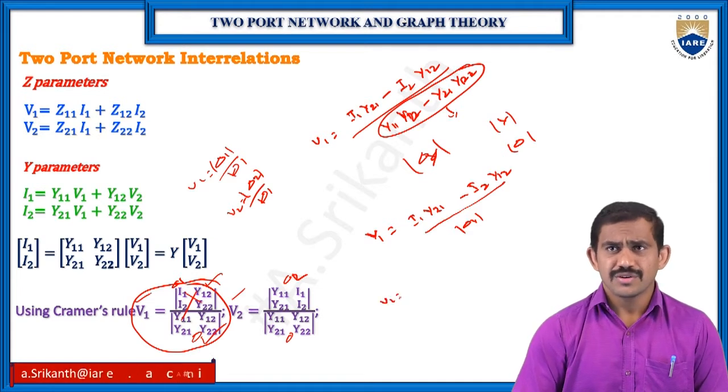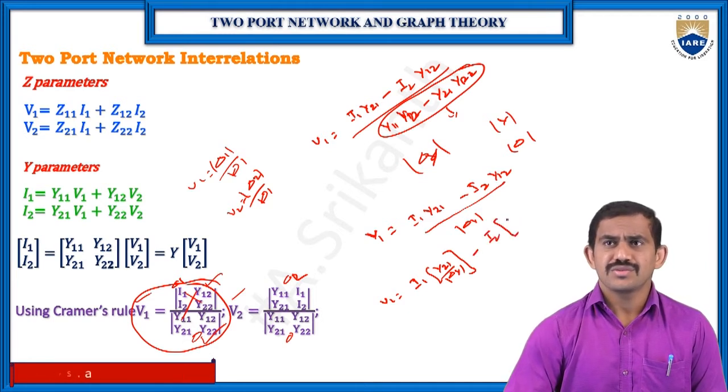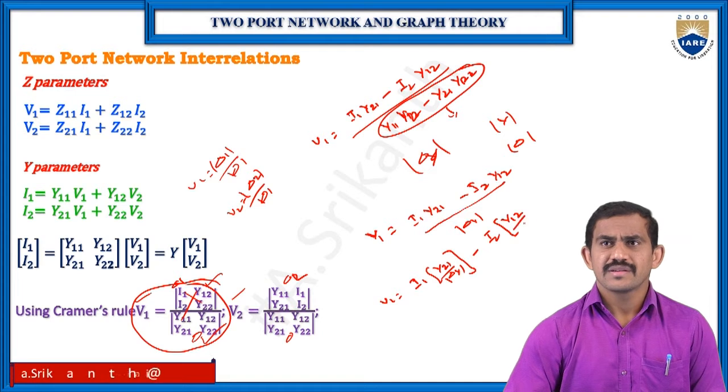Now v1 equals i1 into y21 by del y and minus i2 into y12 by del y.